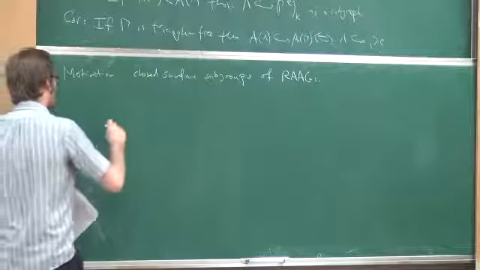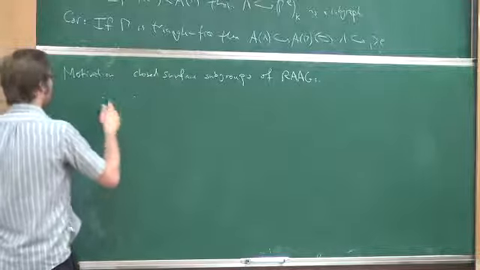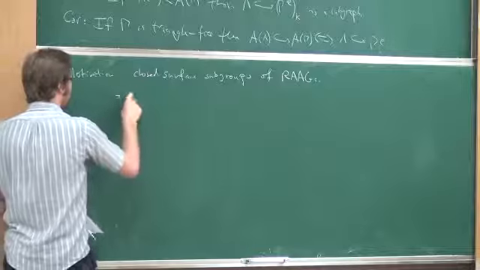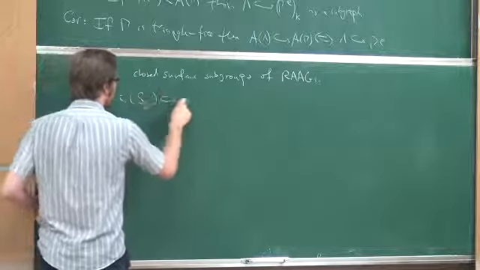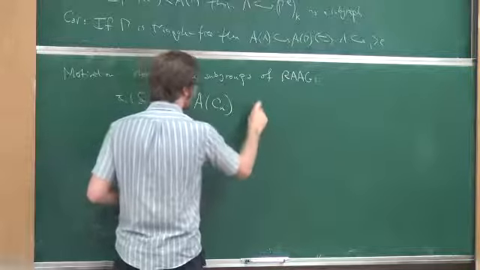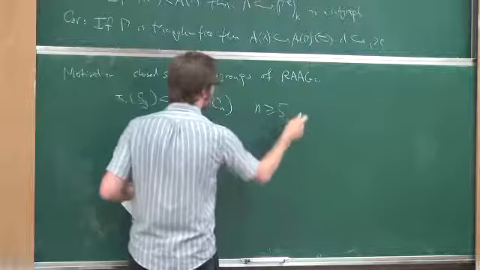We had this theorem that I wrote down, but I've erased already, that you have pi 1 of some closed surface group sitting inside of A of Cn for all n greater than or equal to 5.